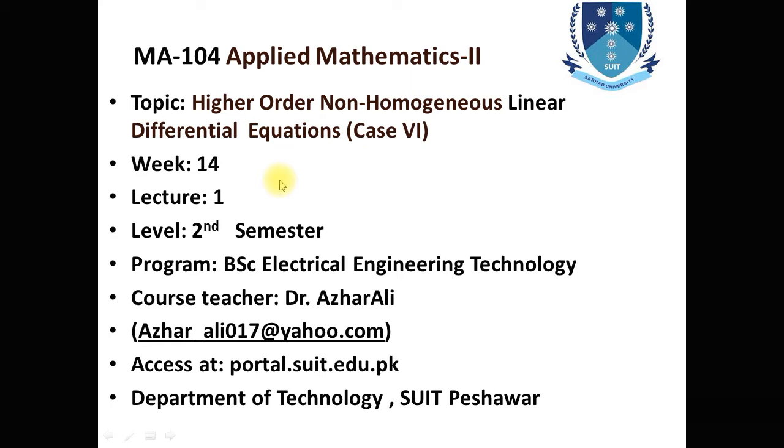Case number 4, when two functions are multiplied, like sine or cos multiplied with exponential. And case number 5, when exponential function and polynomial function are multiplied, then how to find the particular solution. Now another different case, when the function is a constant function.